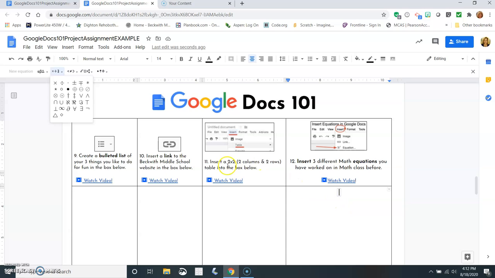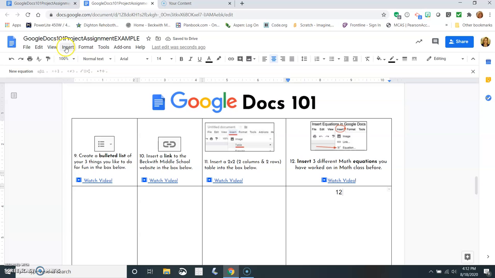So the first thing we want to do, let me just get out of that for a moment. First, I want to just make an equation. So maybe I want to just make it really simple. These do not need to be complex equations. I think I'm going to just say 12, and now I'm going to say insert equation, and I'm going to use the division symbol. 12, and then to get out of that equation that's down here, just use your right arrow and it gets you out of that.